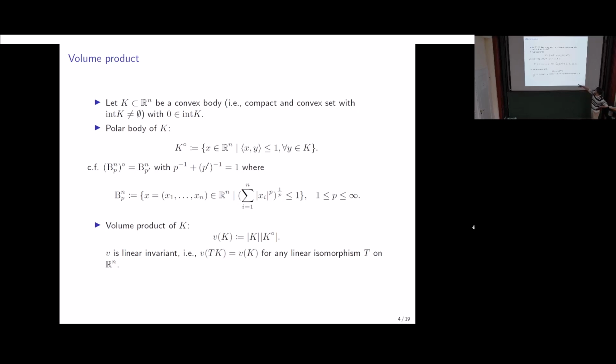The volume product is defined by the product of the volume of K and the volume of its polar body. It is well known that the volume product is linear invariant.